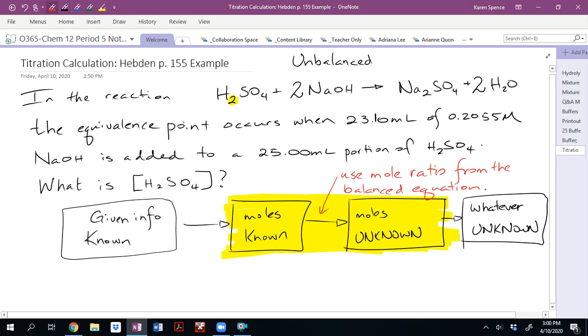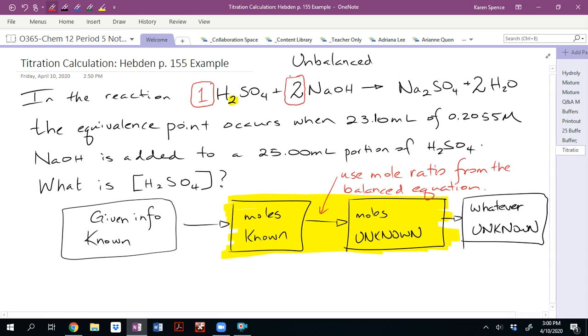If you are really lucky, your ratio will be 1 to 1, but in this case, there's no coefficient here, so that's a 1. And there is a coefficient here, and so that's a 1 to 2 ratio.